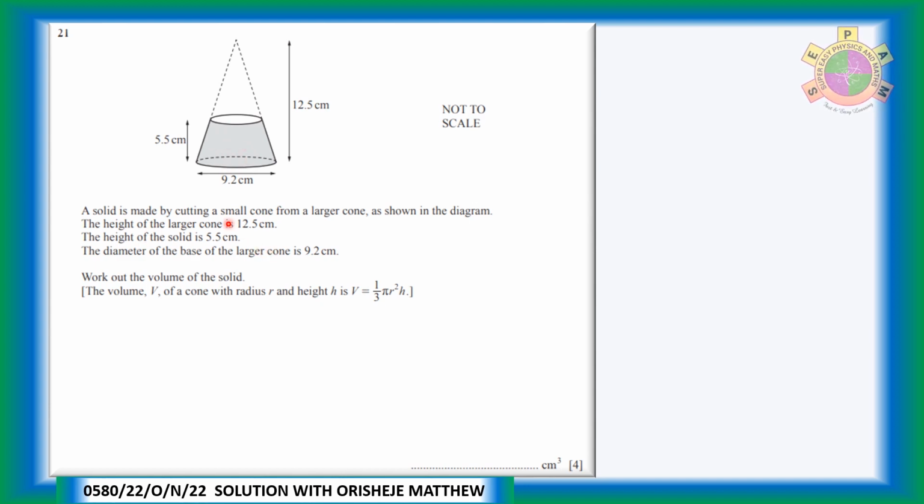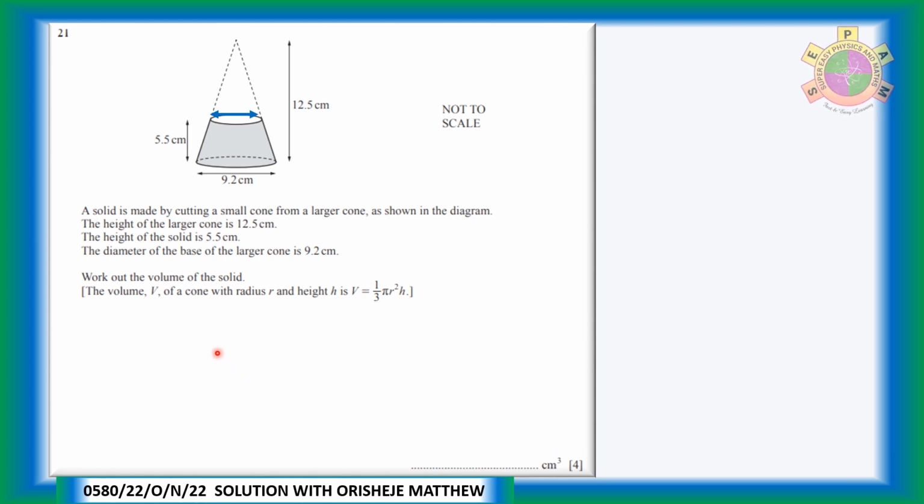So the first thing we need to do is to find the diameter of the base of the cone that is cut off. So the diameter here, D. We're going to use proportion.